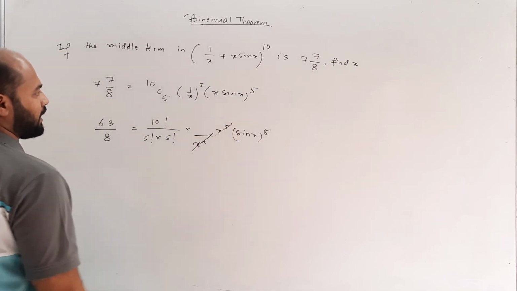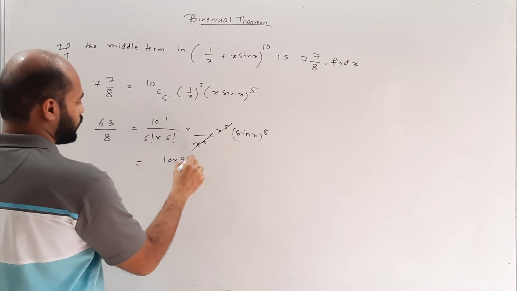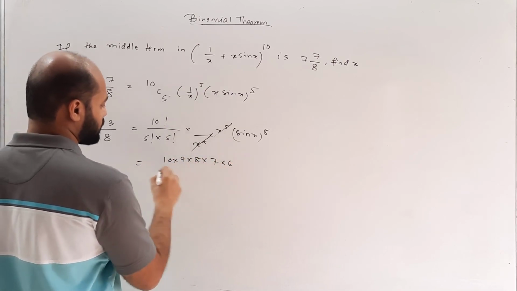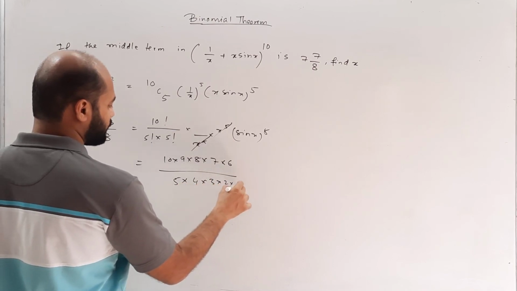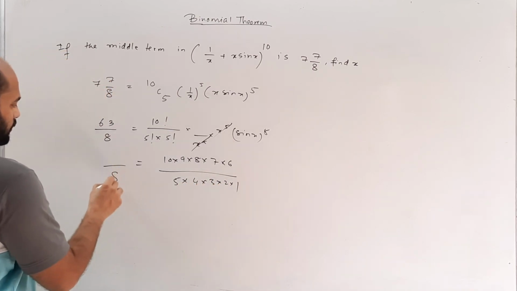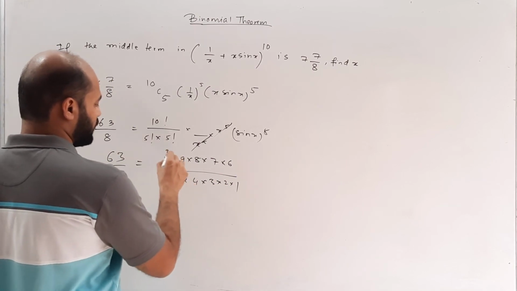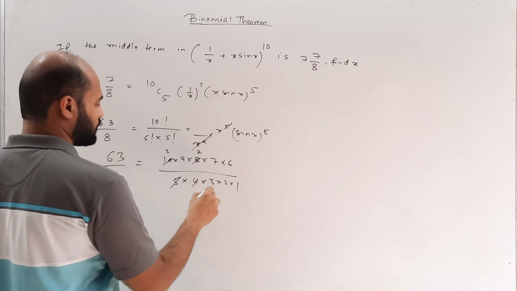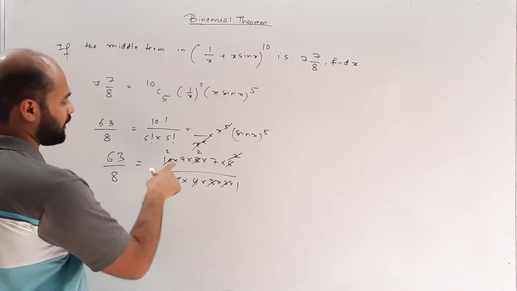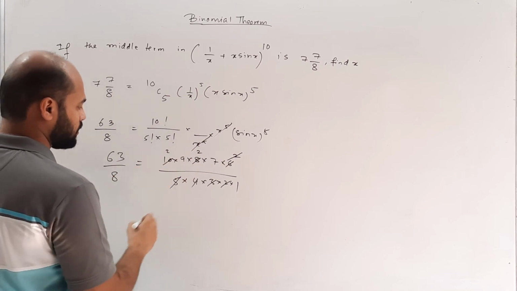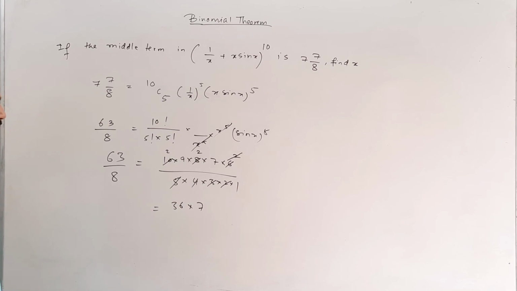So this basically will cancel out, and what we will get is 10 into 9 into 8 into 7 into 6 divided by 5 into 4 into 3 into 2 into 1. This is what we have. So 5 2s are 10, 4 2s are 8, of course, 3 2s are 6, 2 cancels out here, and then ultimately 36 into 7 is what we get.